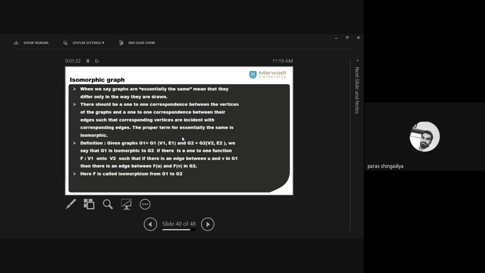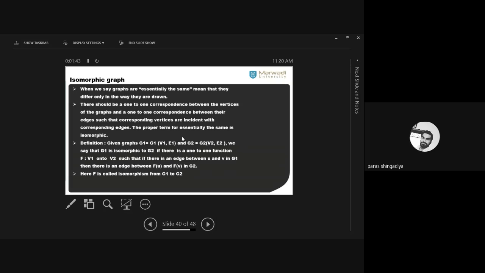If both graphs satisfy the one-to-one relation between the vertices and between the edges, then it is known as an isomorphic graph.